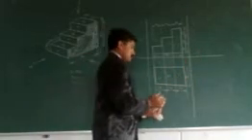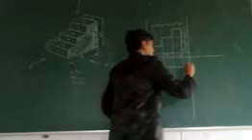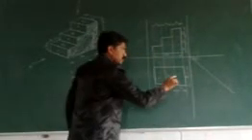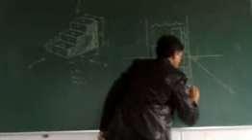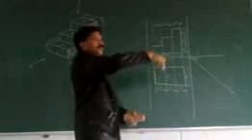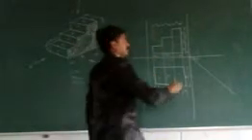Simply draw a 45 degree inclination from this intersecting point. This is the 45 degree inclination. See here, this is a projection line, and this is also a projection line. And next, turn this projection up to the above X line.